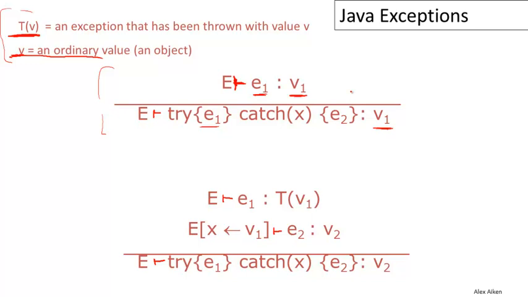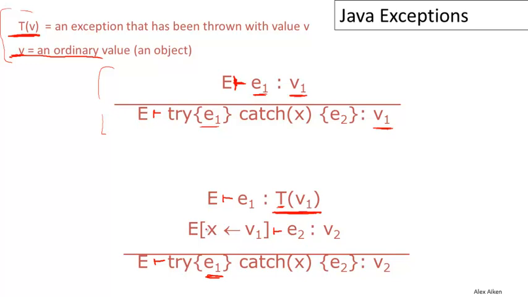Now, the other possibility is that when you evaluate a try-catch block and go to evaluate the expression in the try block, E1, it will throw an exception. So it could result in a thrown exception. This is the case where E1 evaluates to one of these special values that's been marked as a thrown exception. What do we do in that case?